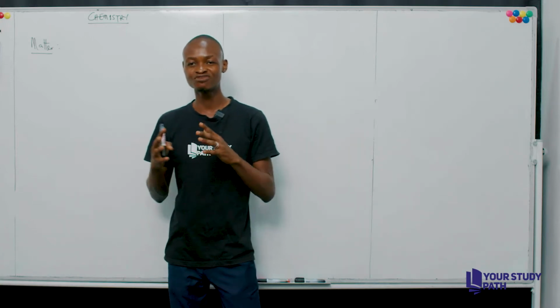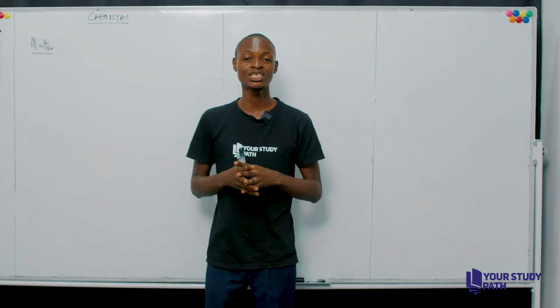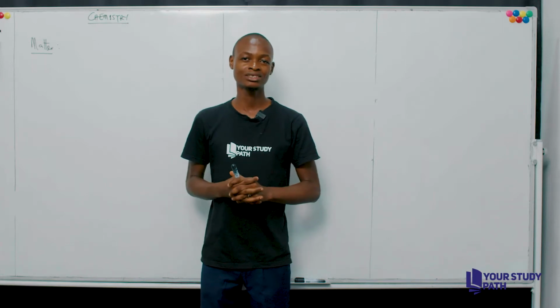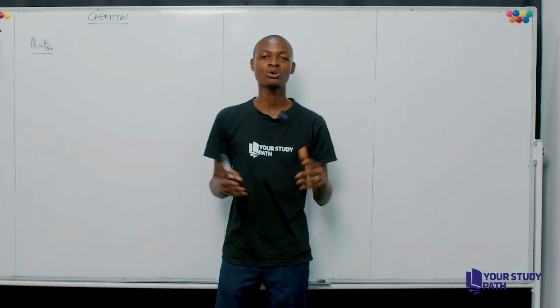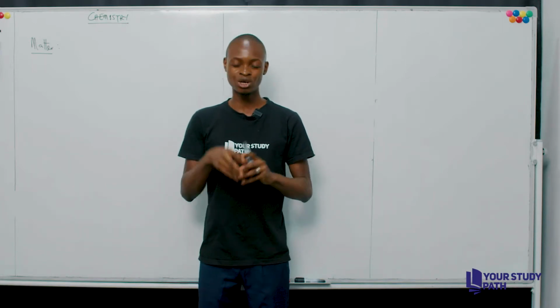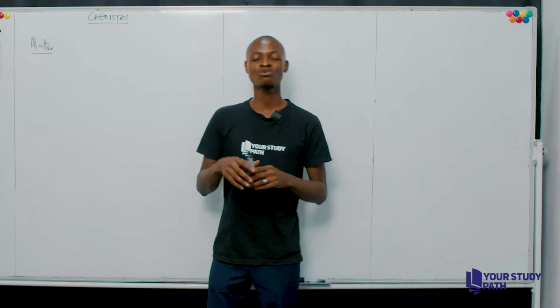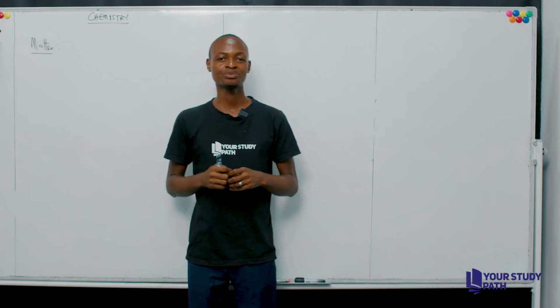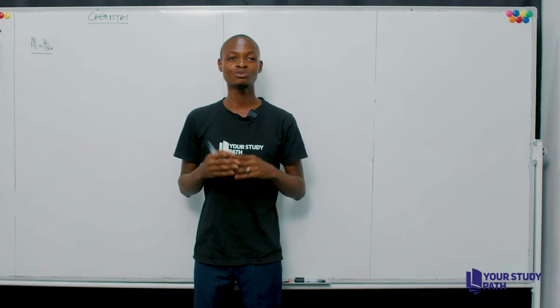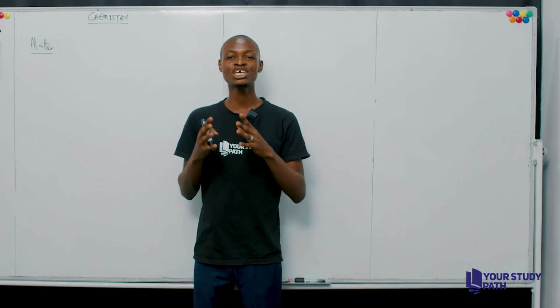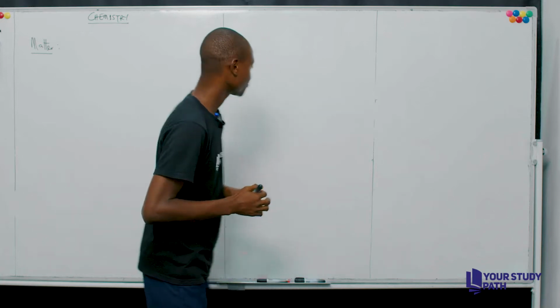So this gives us the physical state or consistency of matter as a solid, as a liquid, or as a gas. Now let's put all of this into perspective and talk about the core concept of what we are going to be discussing today. The first core concept we are going to be looking at is the kinetic theory of gases.